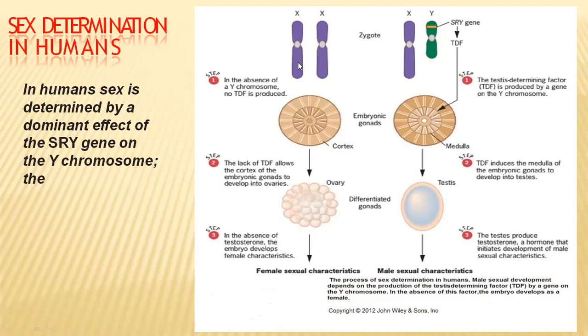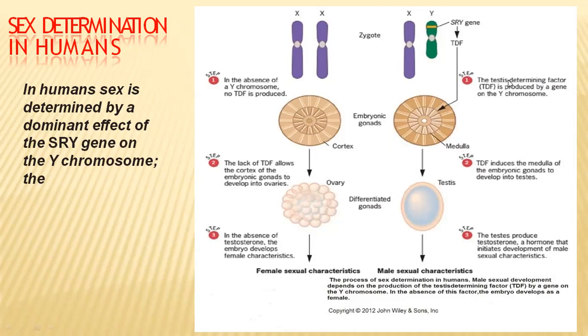Here we can see 2 X chromosomes in females, and 1 X and 1 Y chromosome in males. In the embryonic stage, these 2 are the embryonic gonads of the male and of the female. During the early stages of embryonic development, both gonads appear almost the same. But the SRY gene on the Y chromosome determines a factor called TDF, testis determining factor.